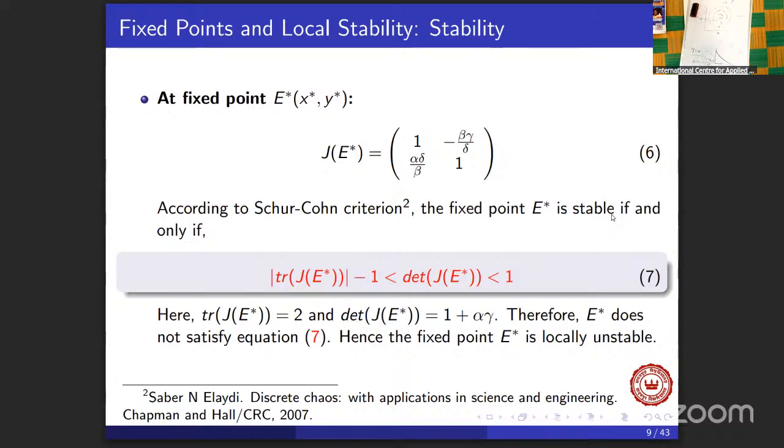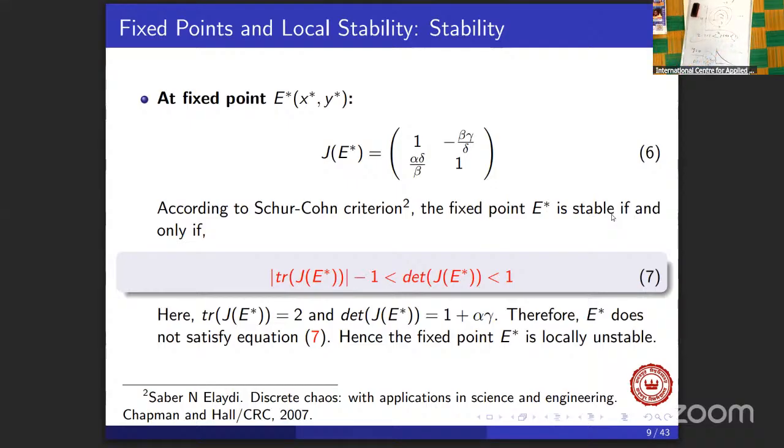The trace means the sum of the diagonal elements, 1 plus 1 is equal to 2, and the determinant value is 1 plus alpha plus gamma y. See, what we get? Trace value is 2, so 2 minus 1 equals 1, which should be less than 1 plus alpha y, which should be less than 1. This inequality does not hold.